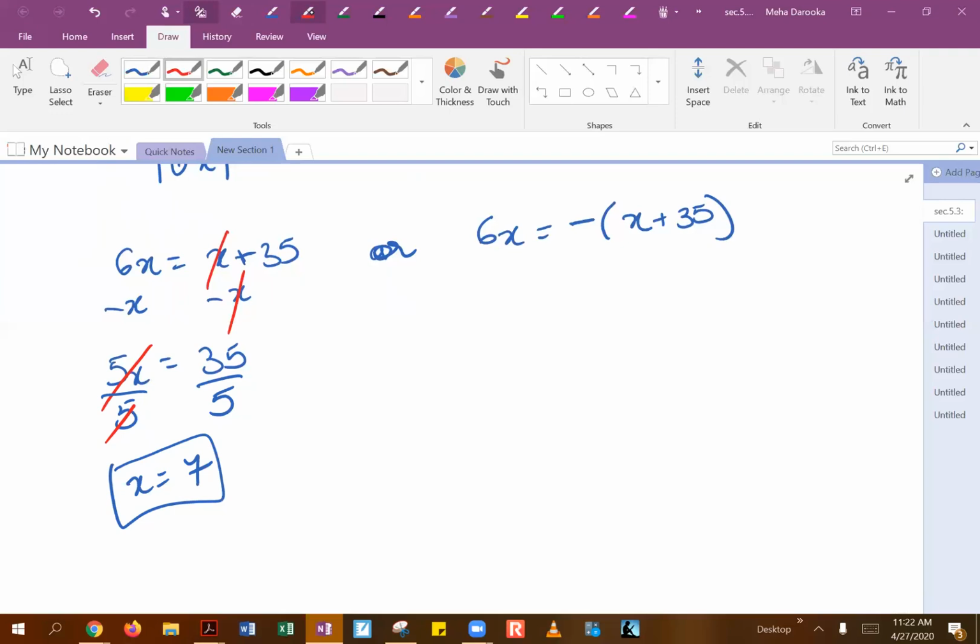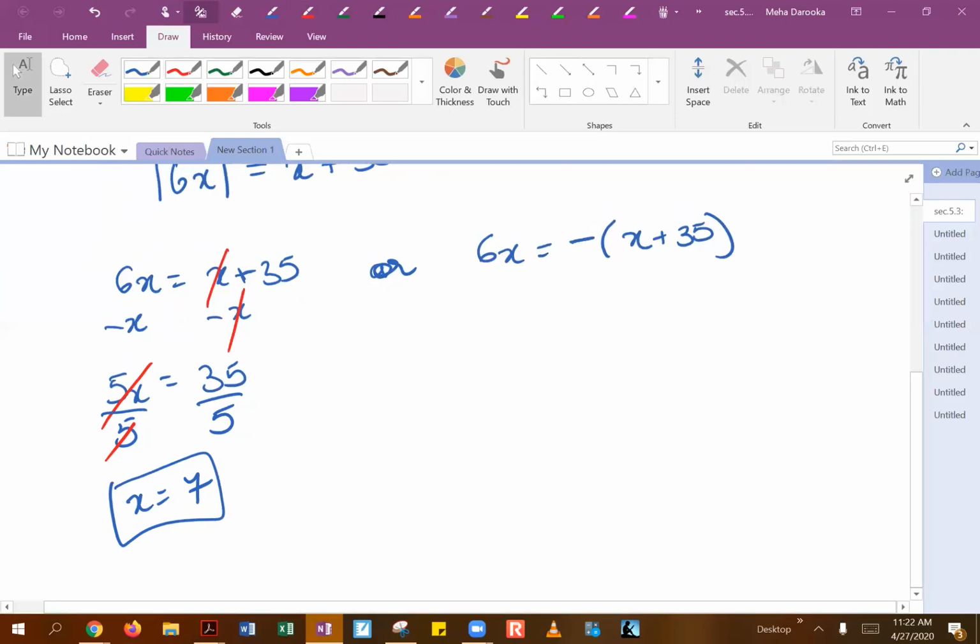Now what's going to happen on the right-hand side? Of course, the first thing would be to distribute that negative sign inside the parentheses, which will end up giving us negative x minus 35. So again, you would need to get your x on the same side. And 6x plus 1x, of course, gives you 7x equals negative 35.